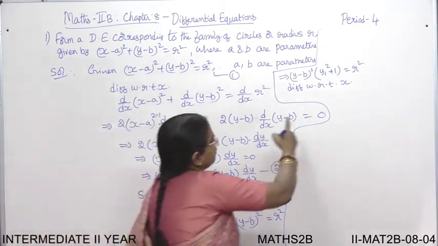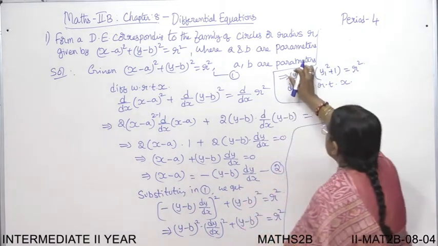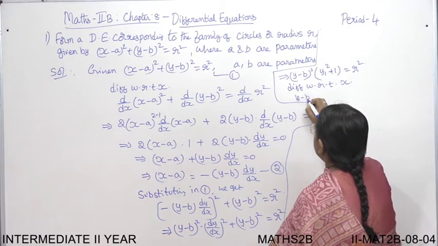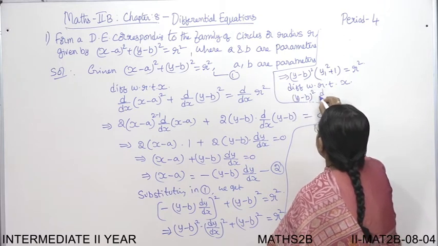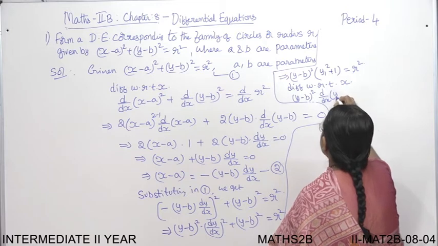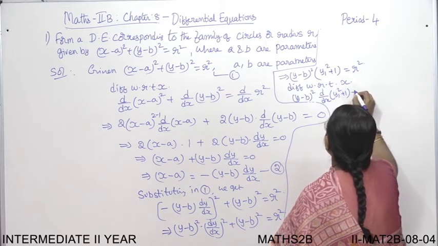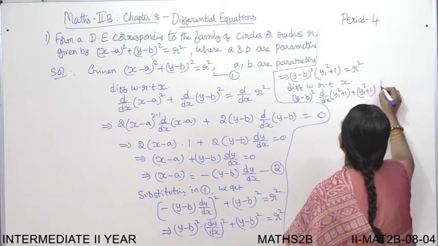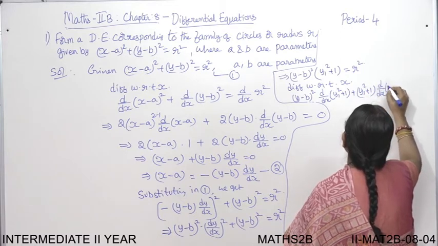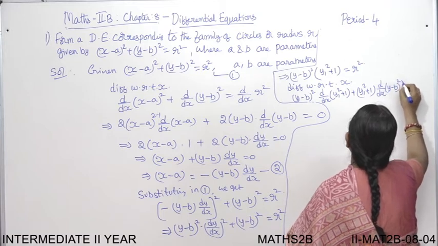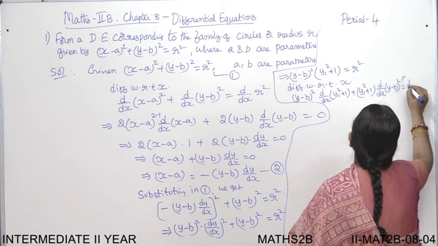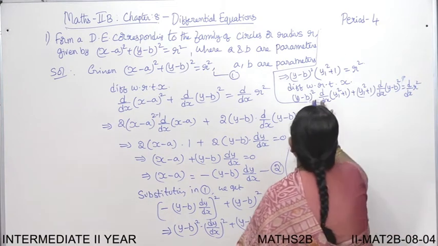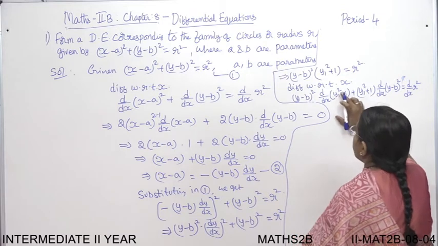Now we'll again differentiate. Now this is in the form uv. Derivative of uv is first function into the derivative of second function, so (y1 square plus 1) plus second function into the derivative of first function. So that means d by dx of (y minus b) whole square is equal to the derivative of r square, d by dx of r square, that is 0. So now what is the derivative of y1 square?